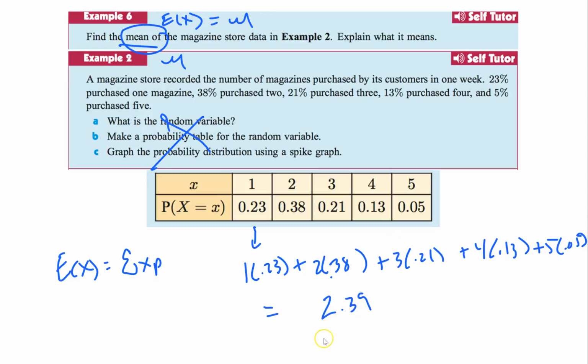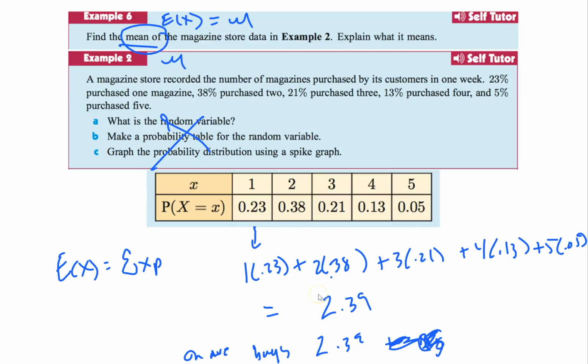On average, you expect about 2.5 people to buy a magazine. On average. Again, on average, so it could be continuous. Or to buy 2.5 magazines, let's just say, because it's the number of magazines you buy. So on average, a person buys about 2.5 magazines per trip to that store.